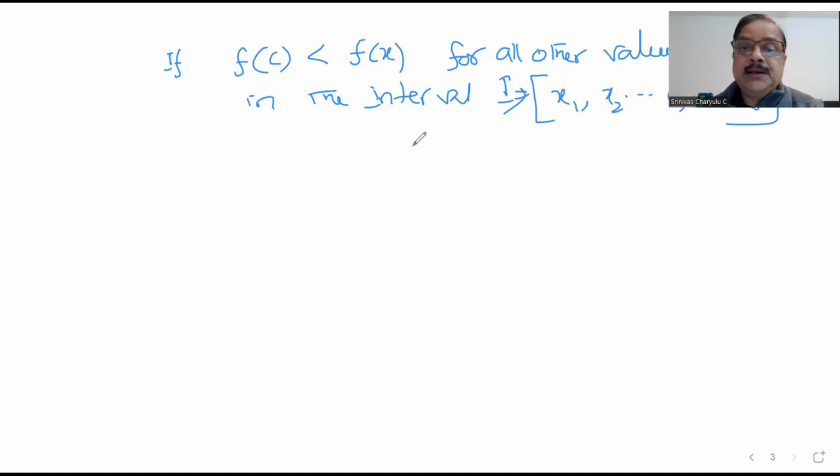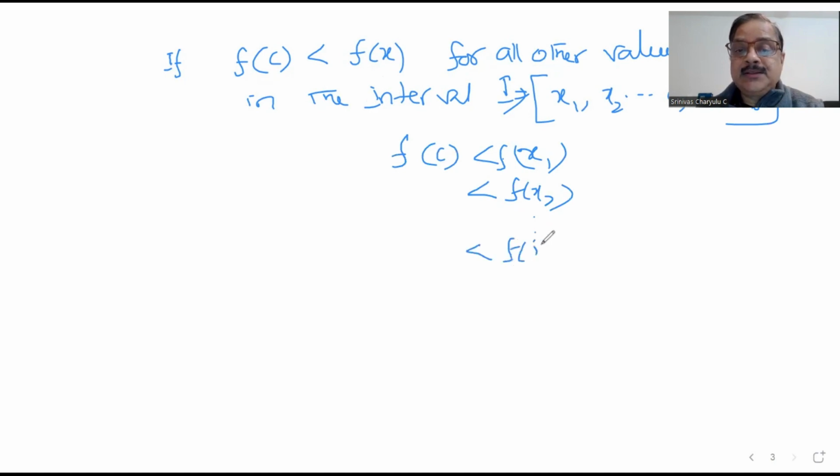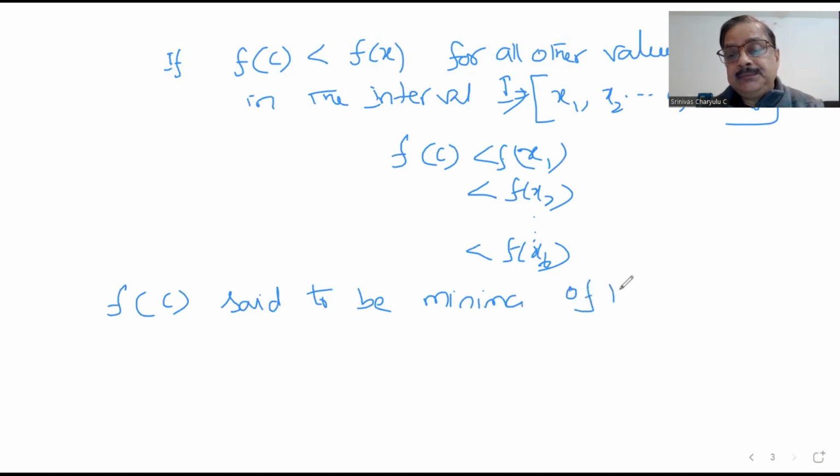Previously check once. In that case, f of C should be less than f of x1, less than f of x2, dot dot dot, f of x6. So at that time, what is f of C called? f of C is said to be the minimum of the function.